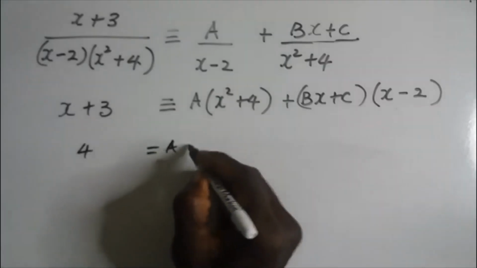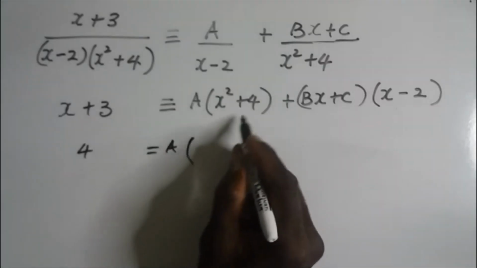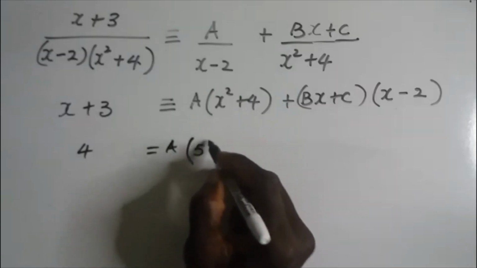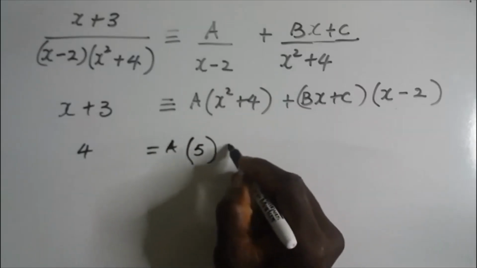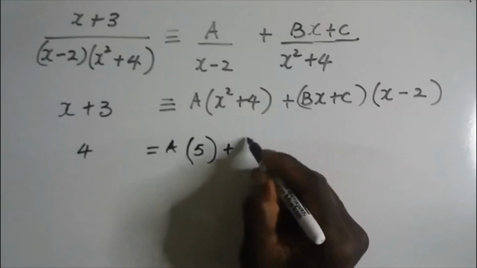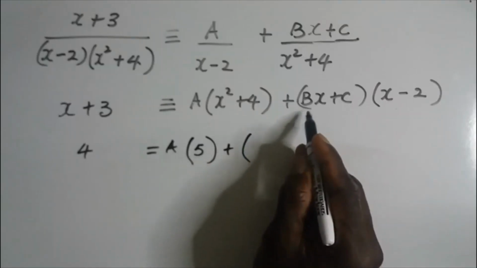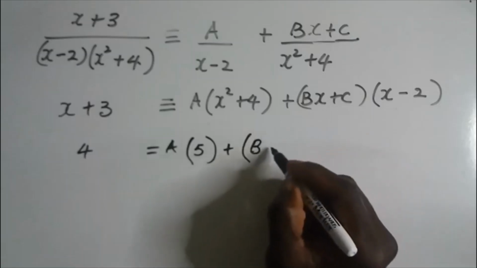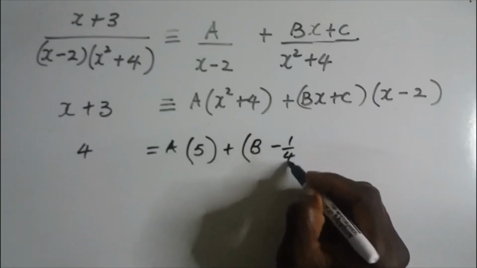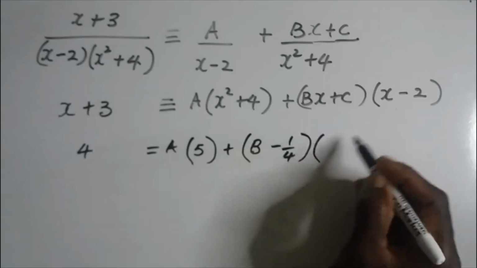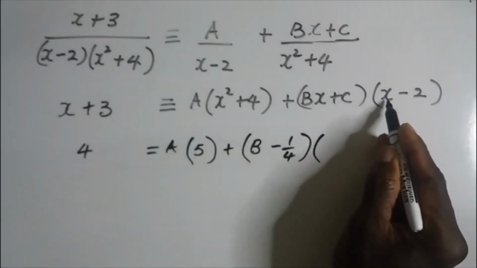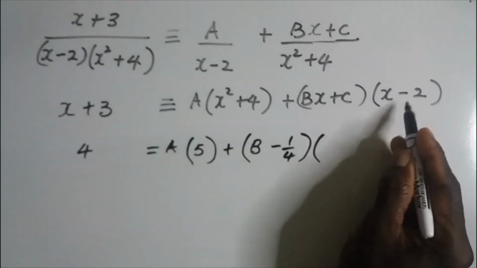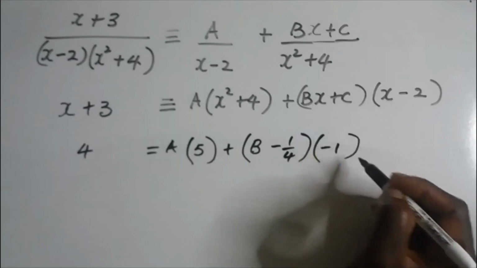We have a into 1 squared add 4, which is 5. Add bx, well, that will just be b. Add c, we know c is minus a quarter, and we're multiplying this by 1 minus 2, which is minus 1.